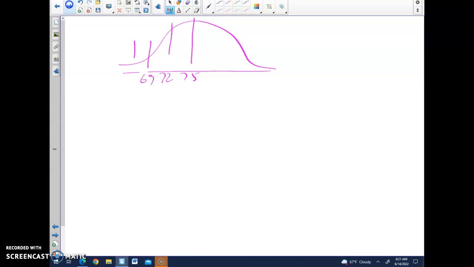And I always like to set up the chart first. 78, 81, 84. 0.15, 2.35, 13.5, 34, 34, 13.5, 2.35, and then 0.15.